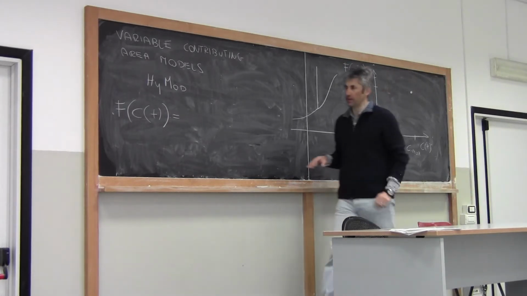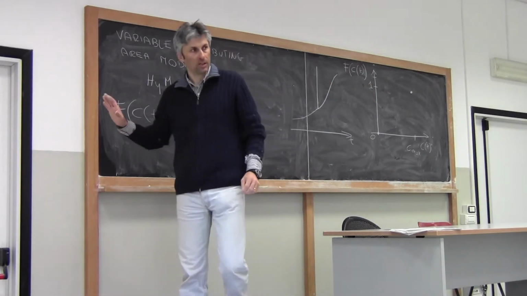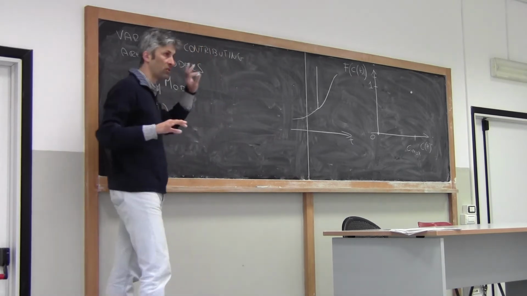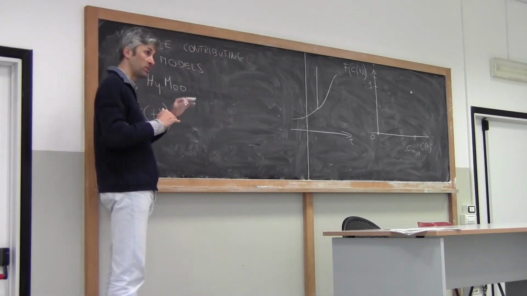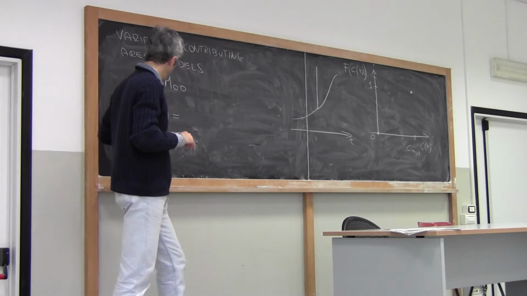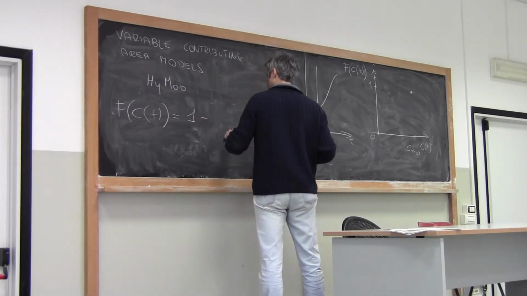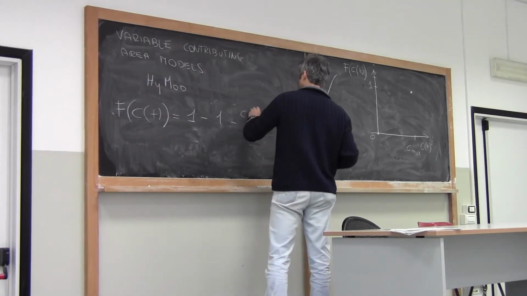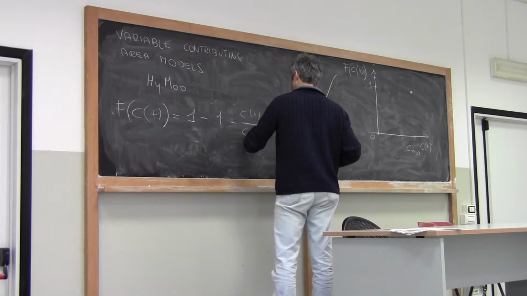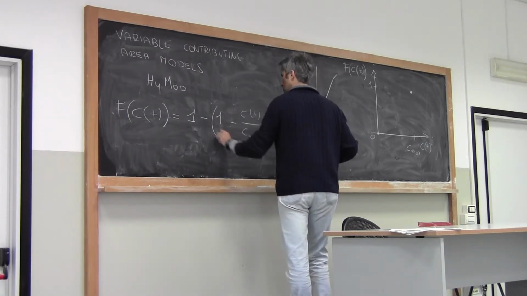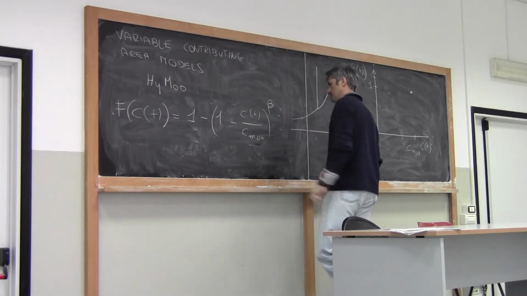Okay, so let me define now this relationship, where again, please don't forget the meaning of F, which is a percentage varying between 0 and 1. So, let's write in this way: F(C_t) = 1 - (1 - C_t/C_max)^beta.